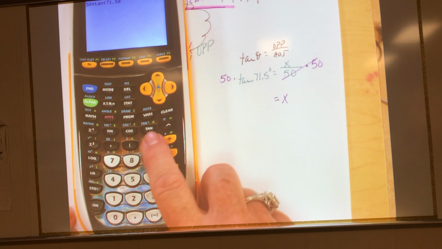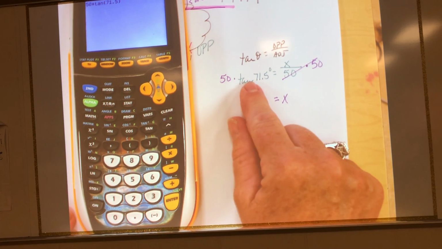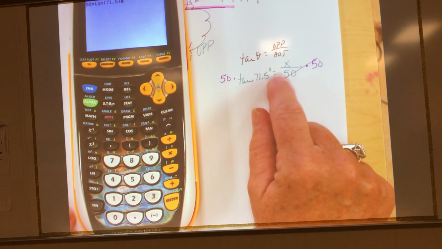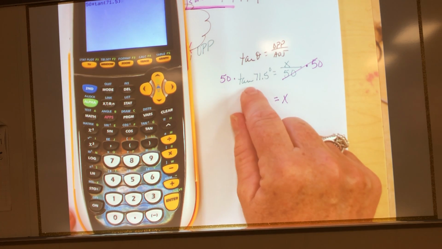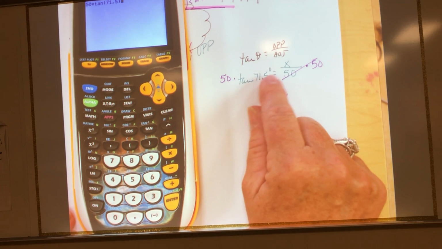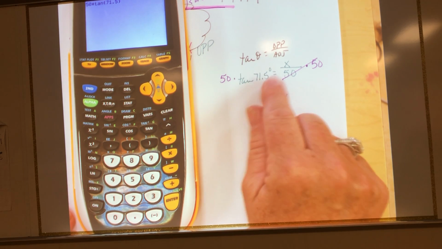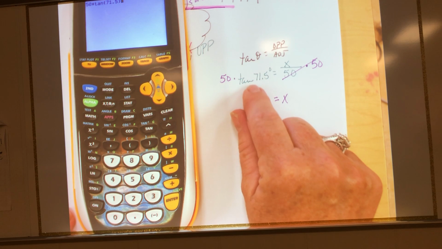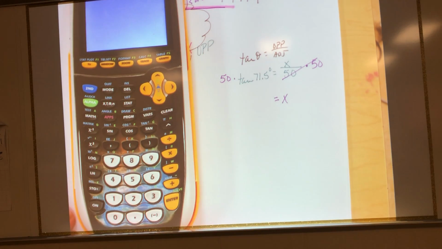I would get in the habit of closing the parentheses because if you put that times 50 back here and you didn't close the parentheses, you would be wrong. You would be taking the tangent of 71.5 times 50. But if you close the parentheses and then say times 50, you would only be taking the tangent of 71.5. So that's a good habit to get into.